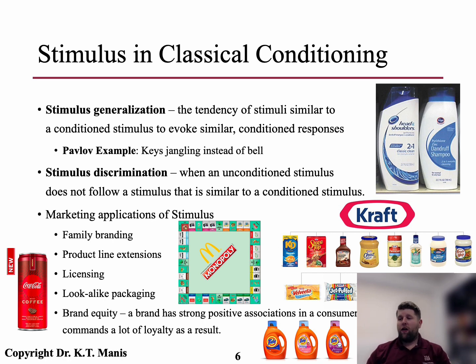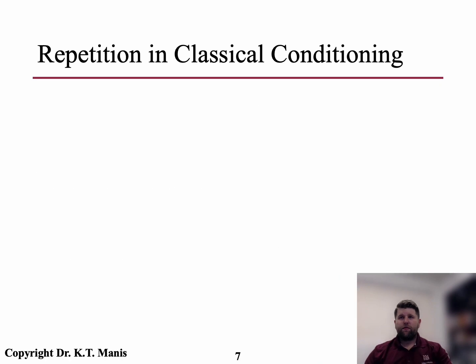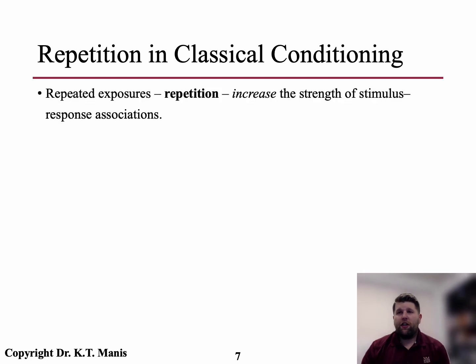Say, for instance, you really like Apple. Well, Apple wants you to buy their iPhone, their iPad, their Mac. They don't want you to just buy one of their products. They want you to buy into all of their products because you have strong, positive associations with their brand. So with classical conditioning, a key factor is repetition.